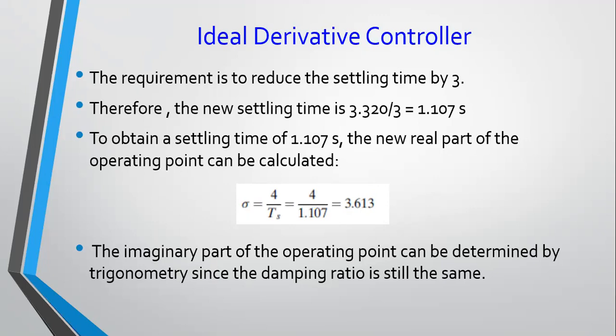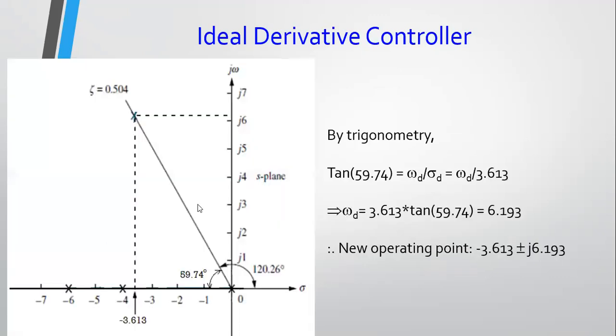Now from this real part of your operating point, you can also calculate the imaginary part, because it's in the complex plane. You would have an imaginary part as well, and you can do that by trigonometry. So at this point here, we know our operating point has to be along this damping ratio line before we're somewhere here. Now, because we want to reduce settling time by a factor of 3, we found that the new operating point would need to have a real part of 3.613.